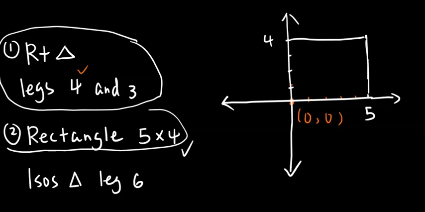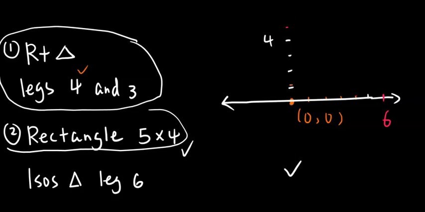Next one, we're going to put an isosceles triangle, so the legs are 6. Remember, you have different ways to do that, but it asks for the most convenient way. I'm still using 0, 0 as the first point. This time it's 1, 2, 3, 4, 5, 6. 6 is here. I need it a little bit longer here.